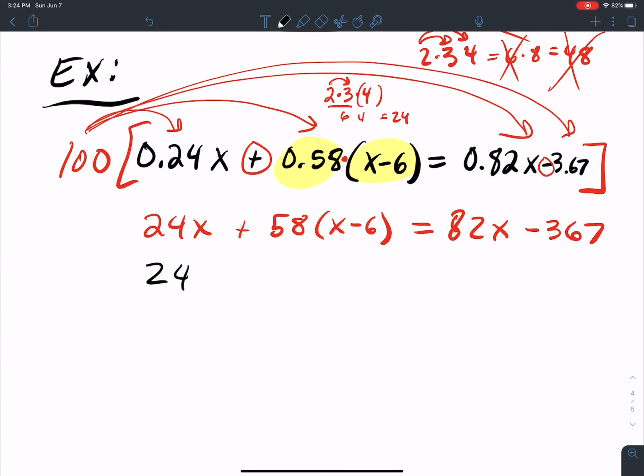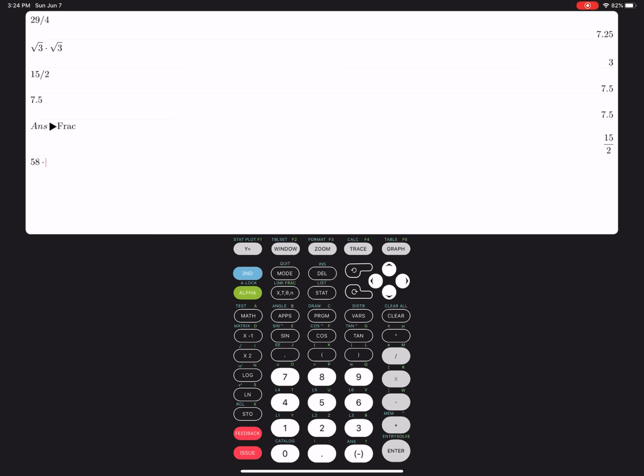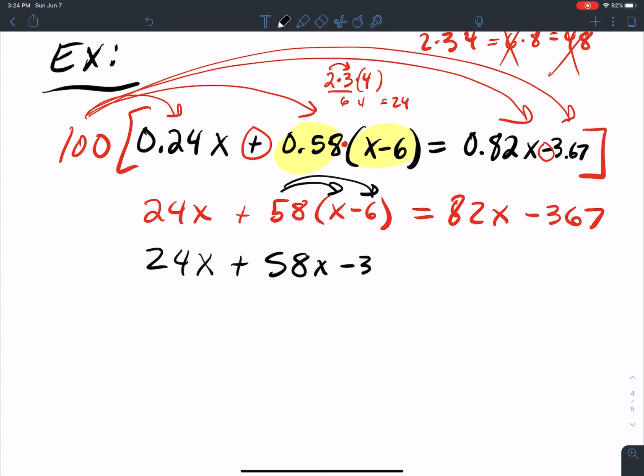So I have 24x, and then plus, and I have 58x, and then 58 times negative 6. What in the world? 58 times 6. So negative 348 equals 82x minus 367.